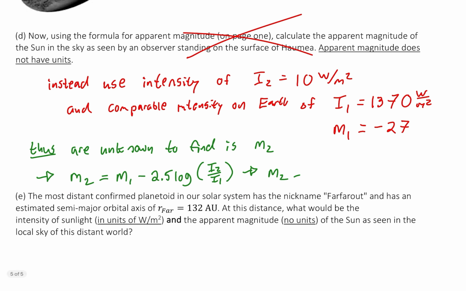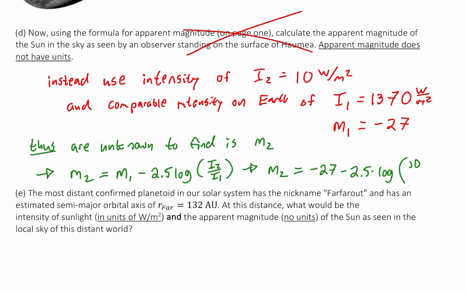And then, like I said, plugging in the numbers, we'll plug in our known value from the figure, from that number line, negative 27, minus 2.5 times the logarithm of 10 over 1370. Yes, those both have units, watts per square meter, watts per square meter.